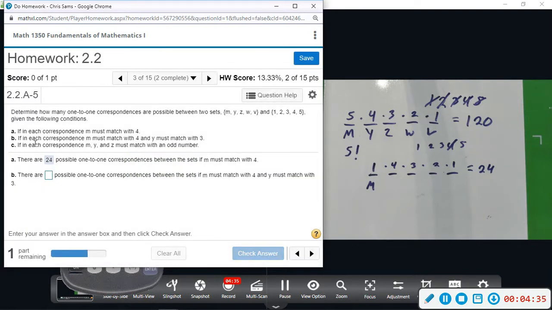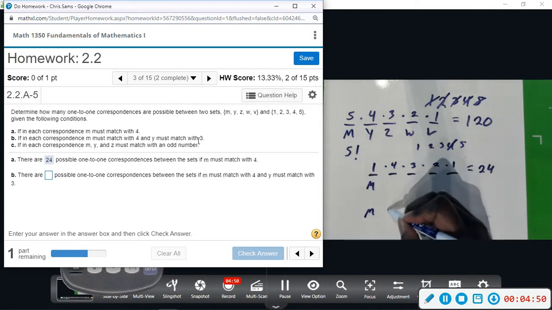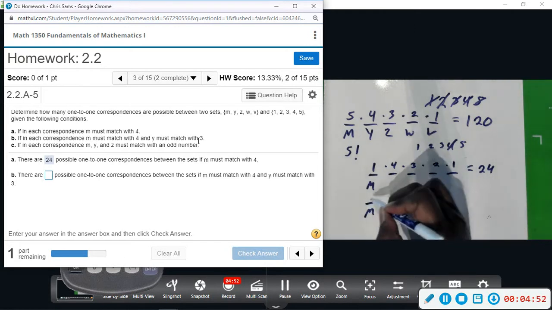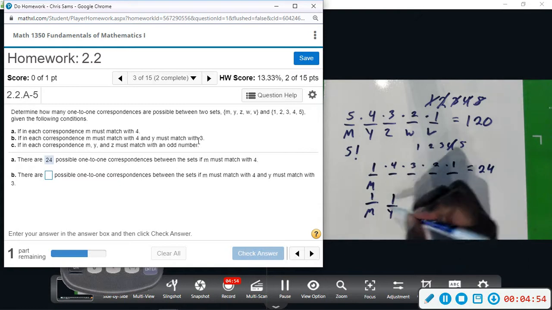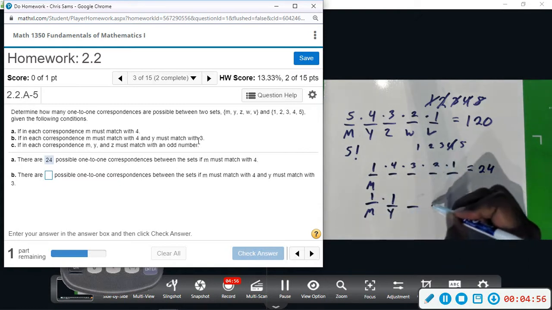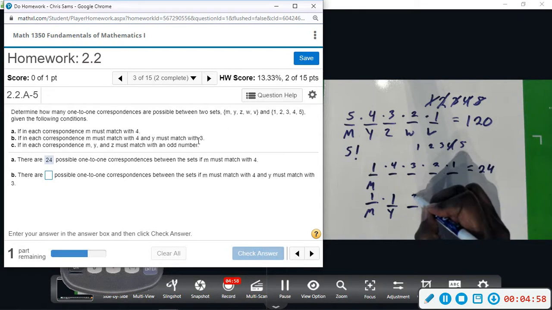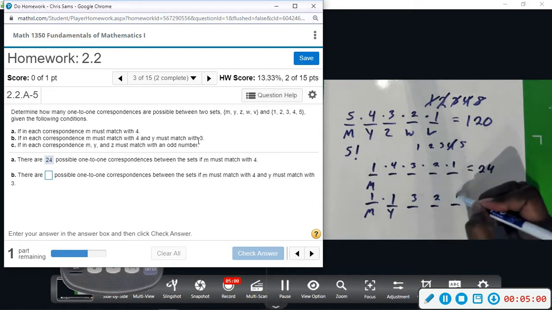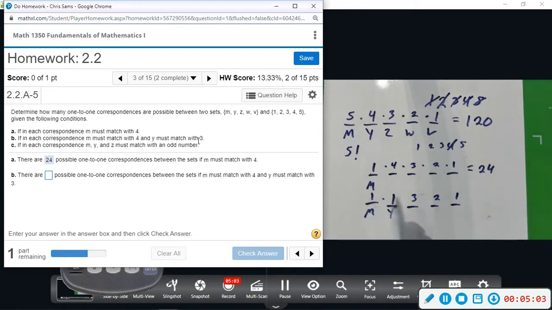Now part B says we want to know how many one-to-one correspondences there are if M must match with 4 and Y must match with 3. So similarly, for M and Y, we have taken away their choice. They only have one partner that they can line up with. And then the other 3 have free reign, so we have 3 choices, 2 choices, and 1 left, because out of 5 we've taken 2 out.